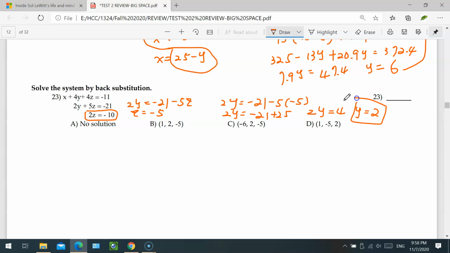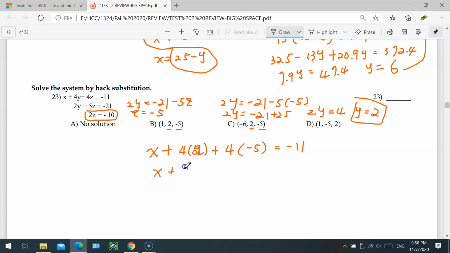Now we solved for y and z. Can we solve for x? Yes, we can go back to find x. But when I look at the answer choices here, y equal 2, z is negative 5, and here has the same, right? So we cannot be lazy. We need to go back and solve for the first equation. Now x plus 4y, y is 2, plus 4z, z is negative 5, equal negative 11.